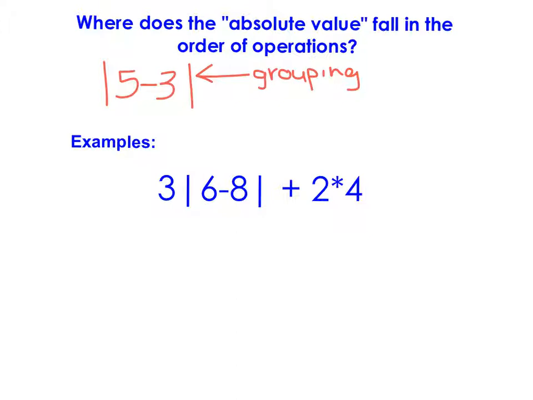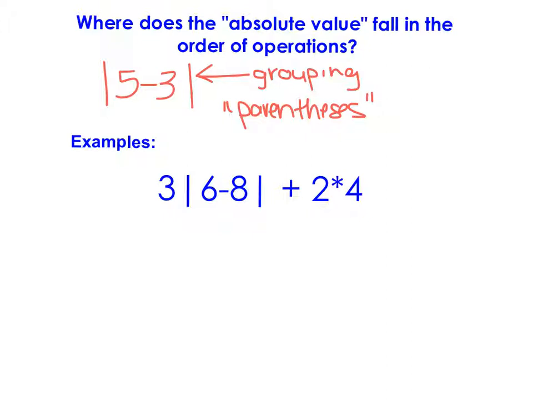And as a result, because this is a grouping mechanism, the absolute value symbol actually falls under the parentheses category. So if you see something trapped inside of absolute values, you treat it like it's a set of parentheses. And we're going to evaluate everything inside of the absolute value and the absolute value itself before moving on to a multiplication, an addition, or an exponent.